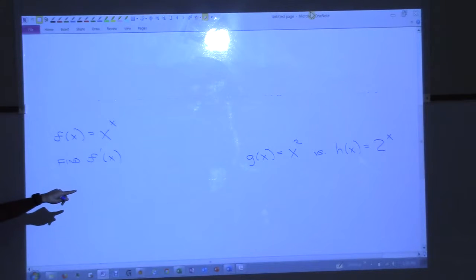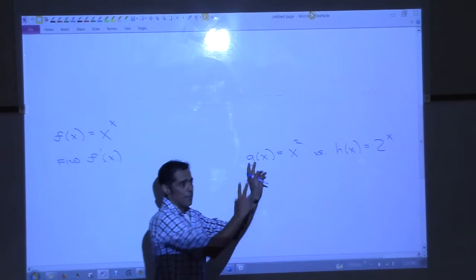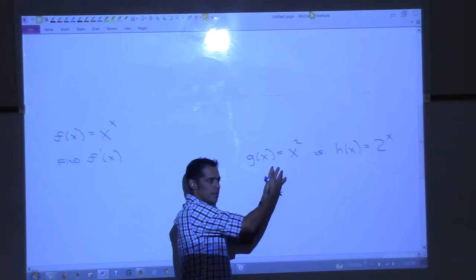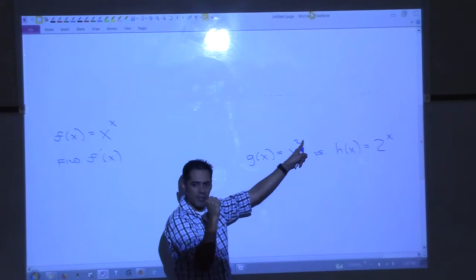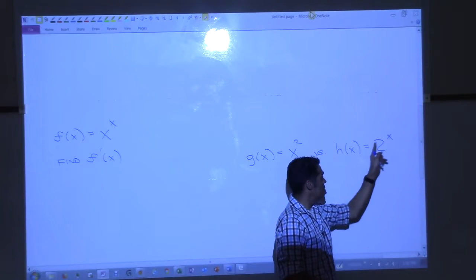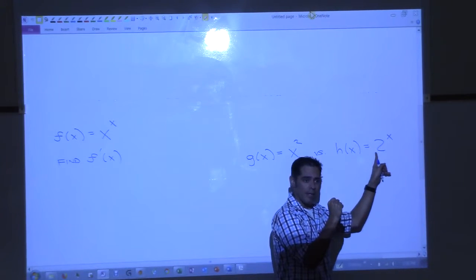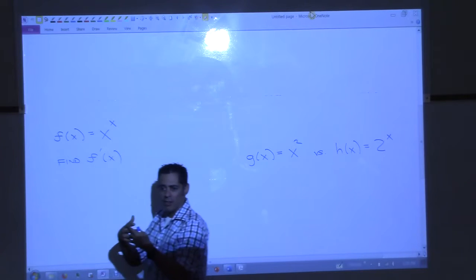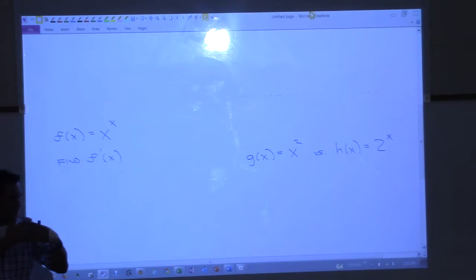It's neither one of those, right? It's not a power function because for a power function you need this to be a fixed number. And it's not an exponential function because for this to be exponential, this has to be a fixed number. This is some weird hybrid version of both.